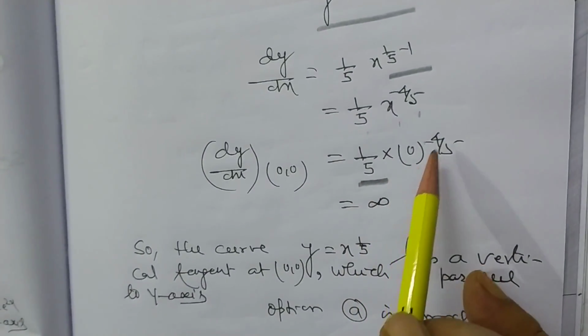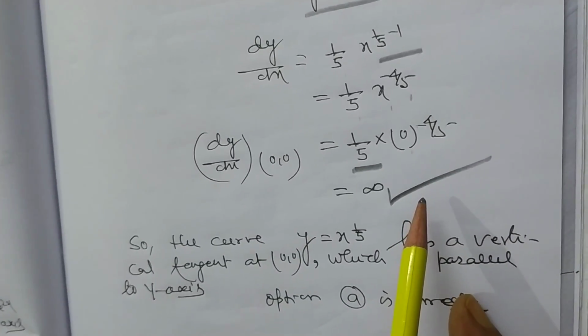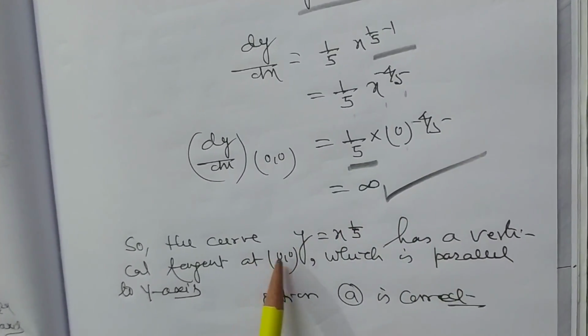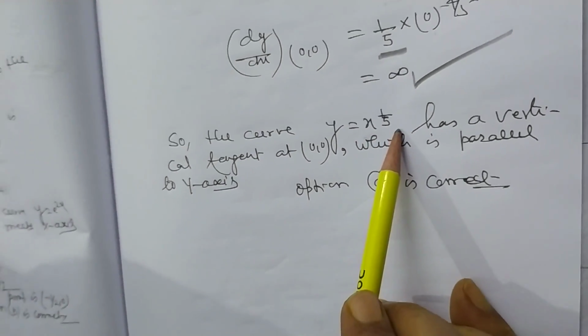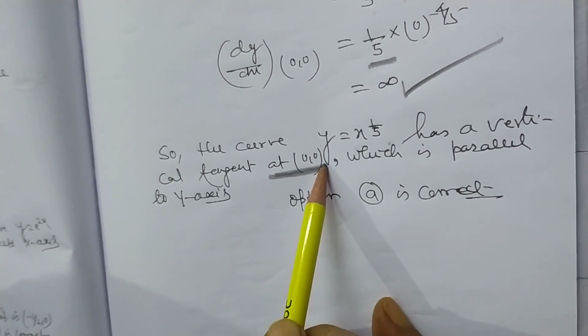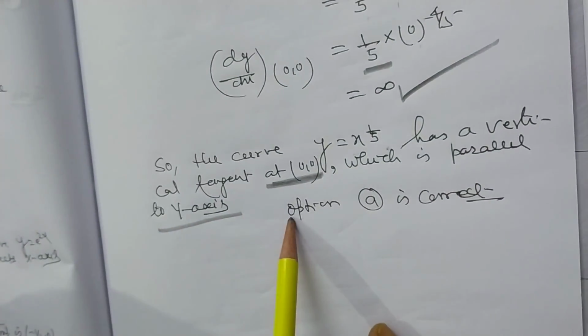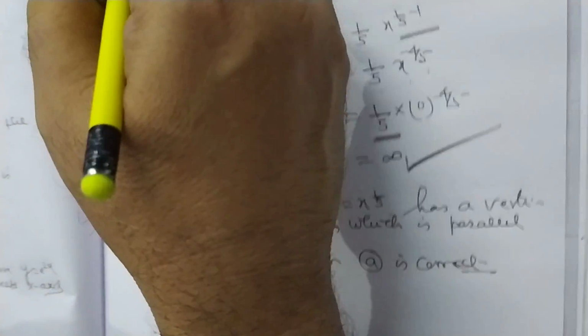That is 1 by 5, 0 to the power minus 4 by 5, that is infinity. So dy by dx at 0, 0 is infinity. So the curve y is equal to x to the power 1 by 5 has a vertical tangent at 0, 0. This is important. Vertical tangent which is parallel to y axis. So option A is correct.